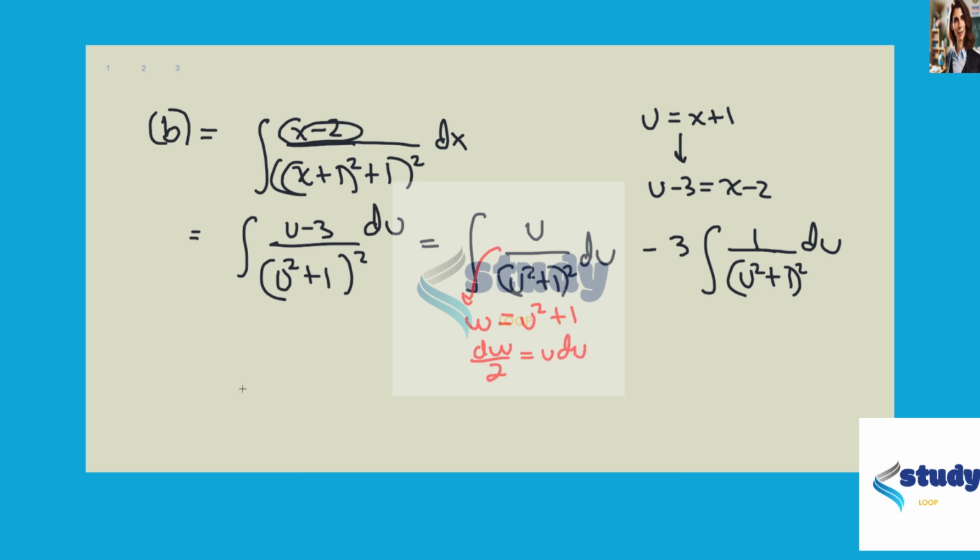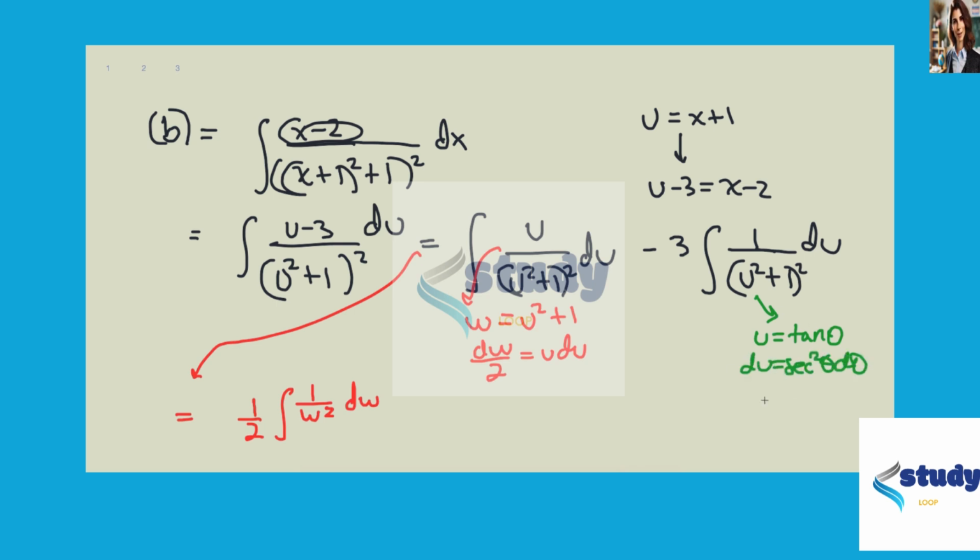So here we'll have 1/2 integral 1 over w squared. And then for this integral over here, trig sub. So then du is secant squared, and u squared plus 1 will be secant squared by the Pythagorean identity.